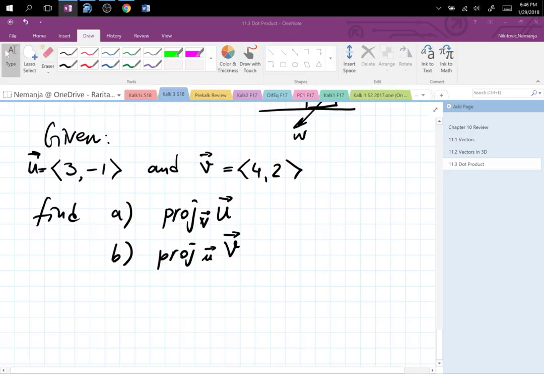Now we have this times itself, and then multiply by that, which is just multiplying by a scalar. So that's your vector.